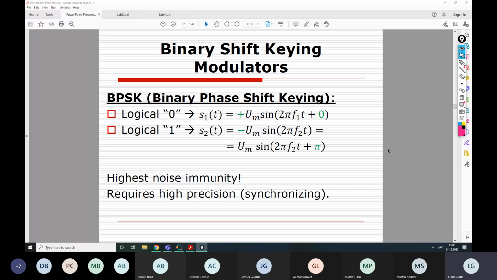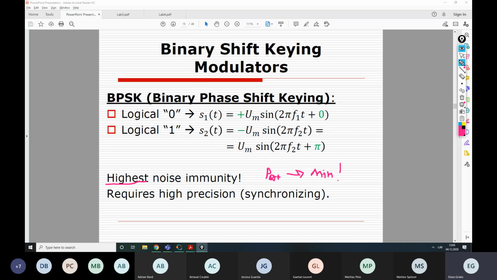And finally, binary phase shift keying, which is good in a way that it provides the highest possible noise immunity, meaning that the error probability is actually the minimum of what we can ever hope to achieve if we do everything correctly with the receiver, right?